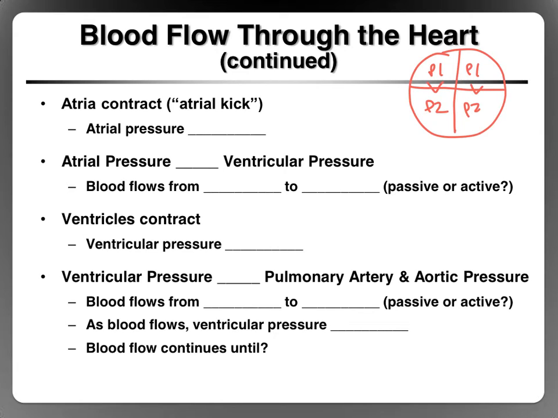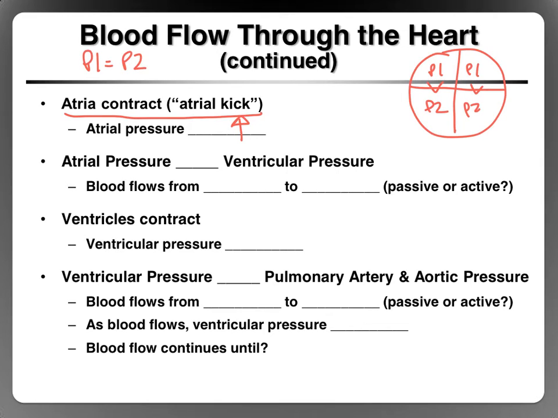So what happens here is that the atria contract. When the atria contract, they squeeze. And when the chambers squeeze, the pressure rises in the chambers. Okay? Remember that right before this, P1 and P2 are equal.